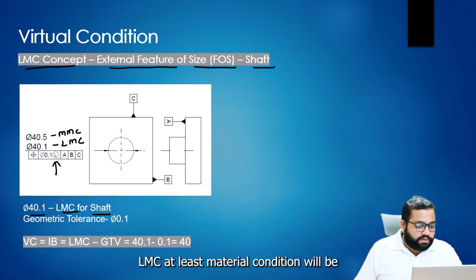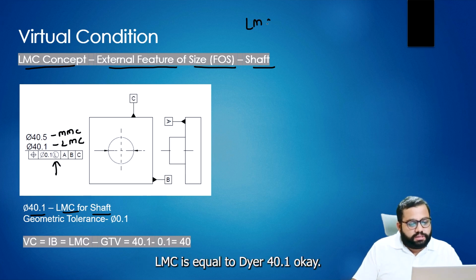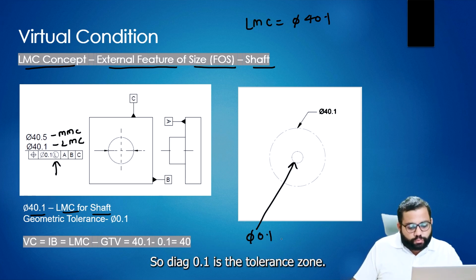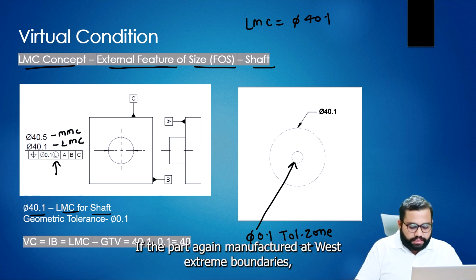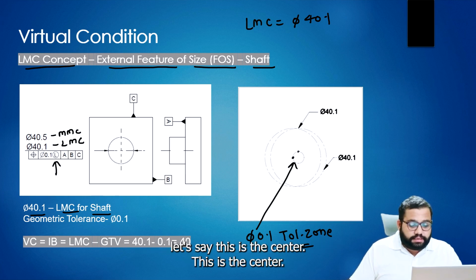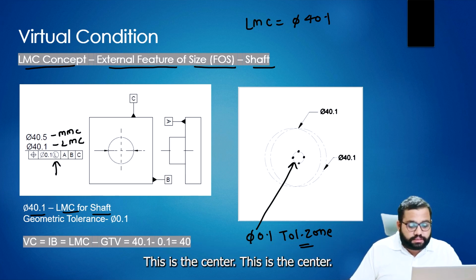Least material condition is equal to dia 40.1. In this case also, if we see the tolerance zone, dia 0.1 is the tolerance zone. Let's say this is the center, this is the center.